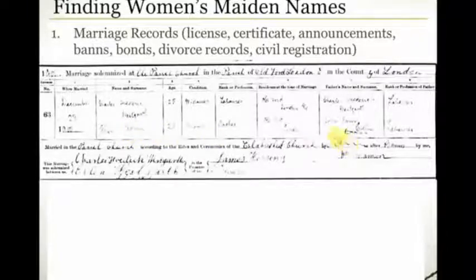Over here, it actually lists the father's name and surname. You can see here he was originally listed as John James Adams. Somebody's crossed out Adams, and they've written Collins. So I would go looking for a John James Collins with a daughter named Ellen, who was born about 1880.